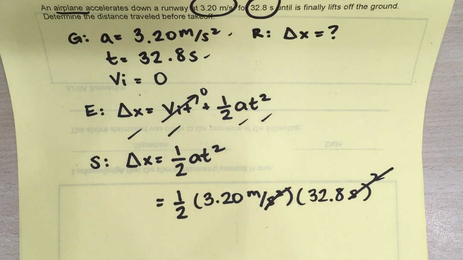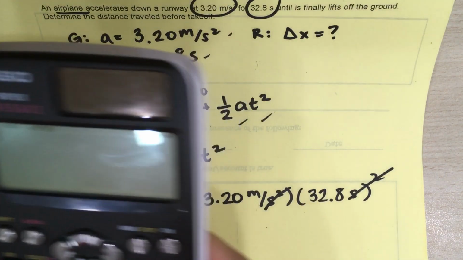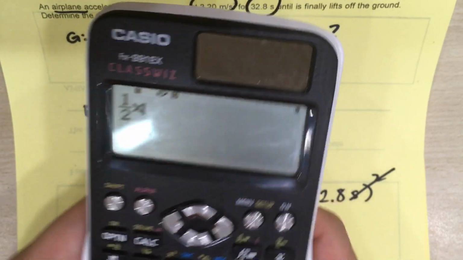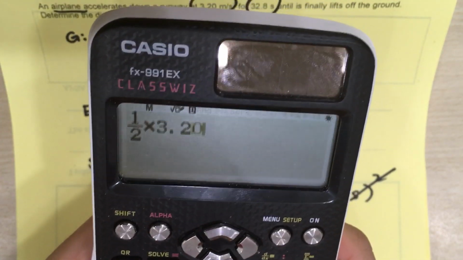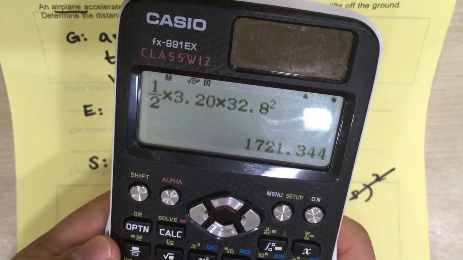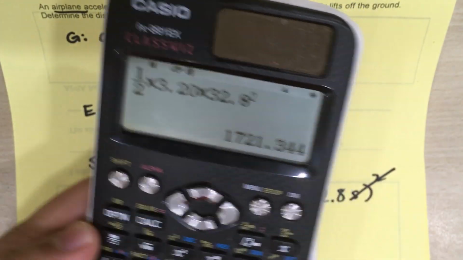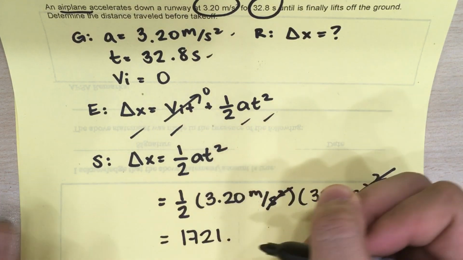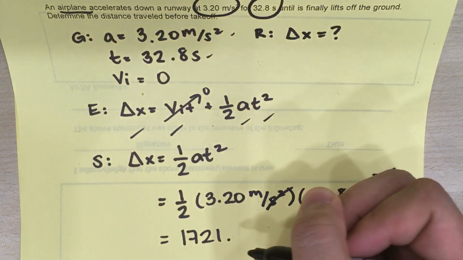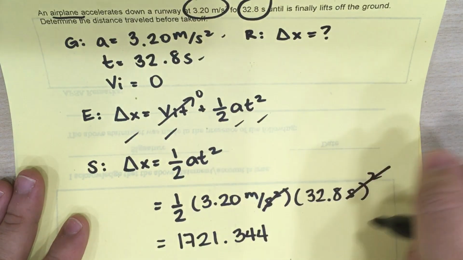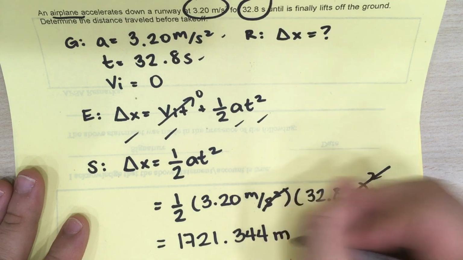Okay, so let's get my calculator real quick. So that's 1/2 times 3.20 times 32.8 squared. That will give me 1721.344. The unit now, because the seconds canceled out, was meters.